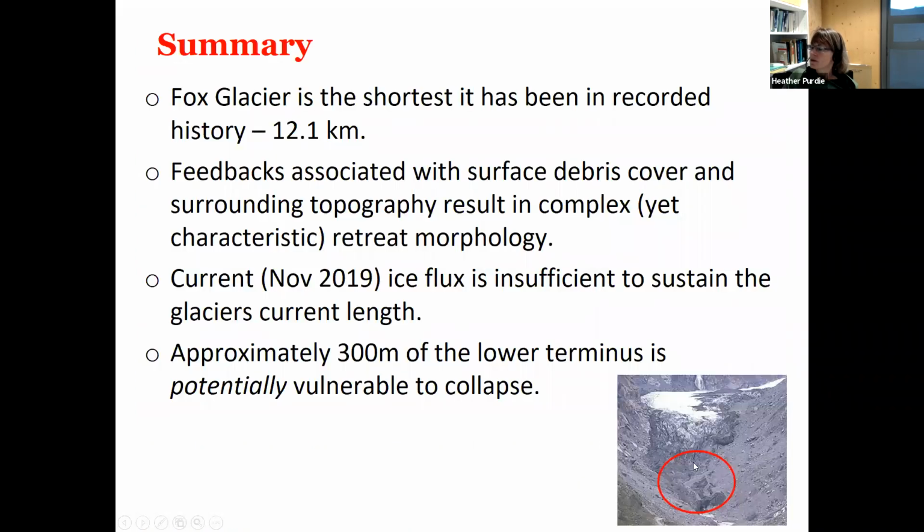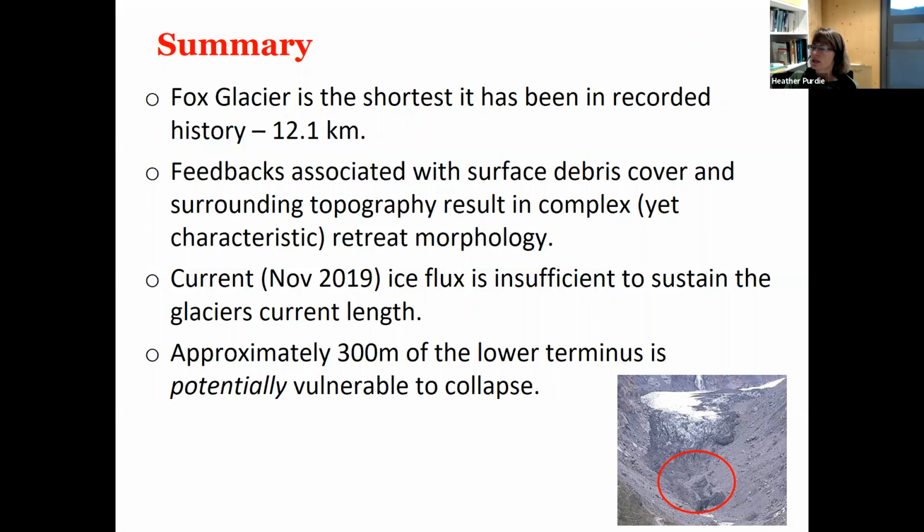So that reinforces what we're observing, that this lower portion of the glacier is not being nourished by the current ice flux coming down from the accumulation area into the lower portion of the tongue. So basically the glacier is the shortest it's ever been in recorded history.